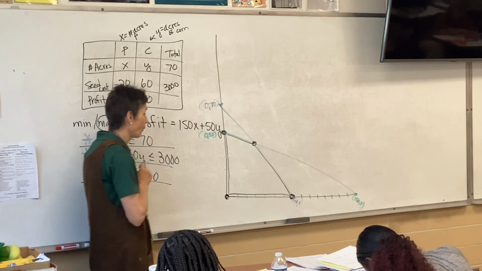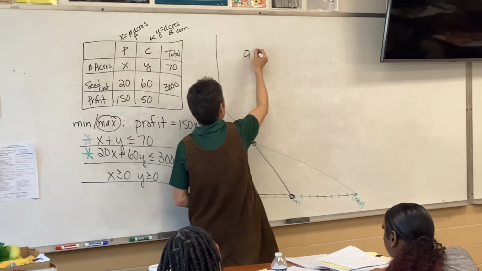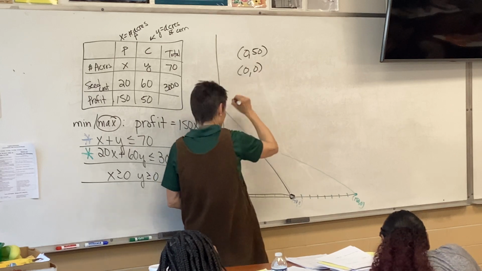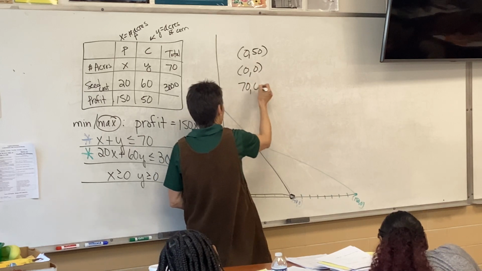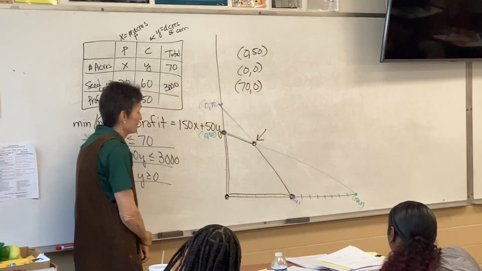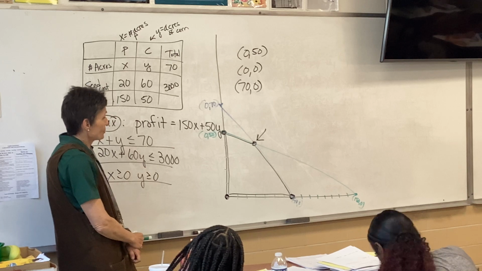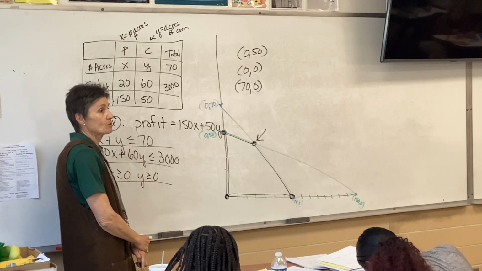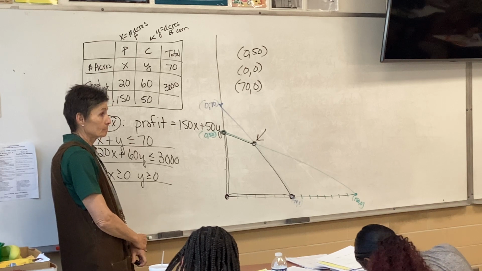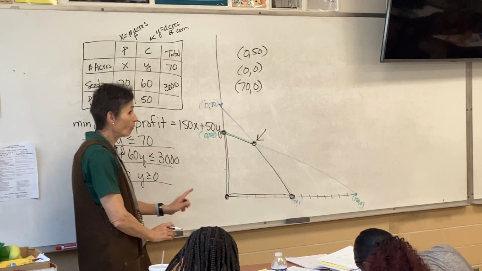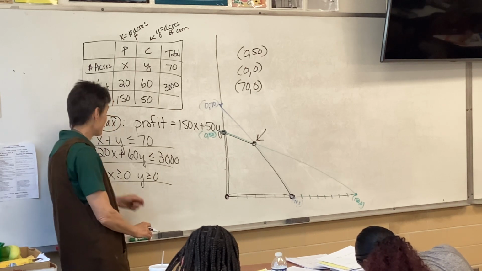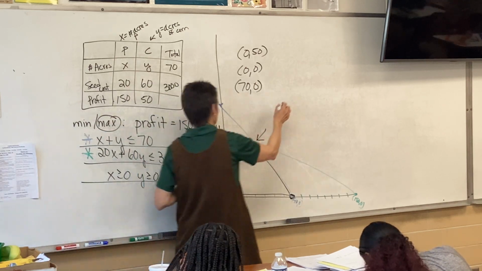So I have 4 points. Some of them I know, 0, 50 I know, 0, 0 I know, 70, 0 I know, this one I don't know. So what am I gonna do if there's a point I don't know? I've done it a whole bunch already today. I solve the system. This is gonna be blue and green.